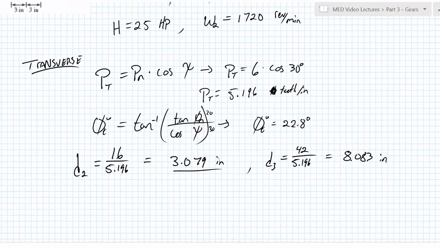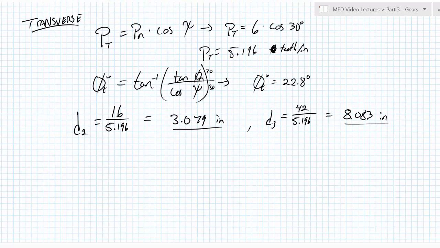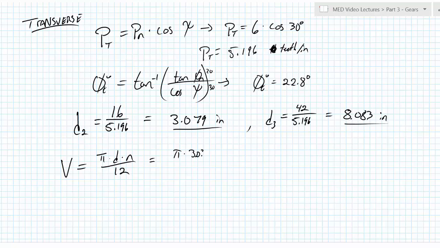So now we can find the pitch line velocity of the pinion or the gear, because they're interacting with each other. Recall that is pi times the diameter times the speed over 12 to have feet per minute. So this equals pi times 3.079 inches, and then the speed.